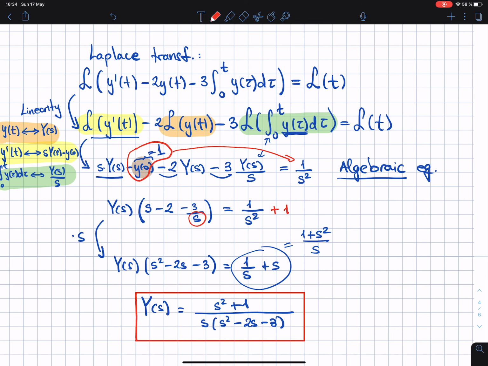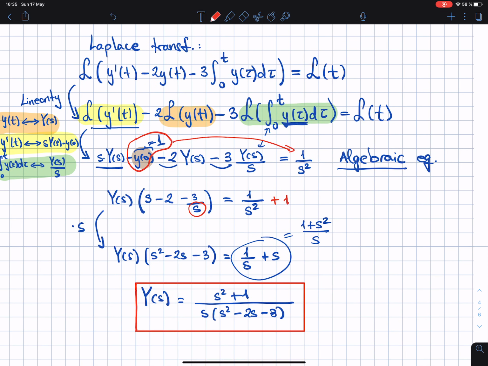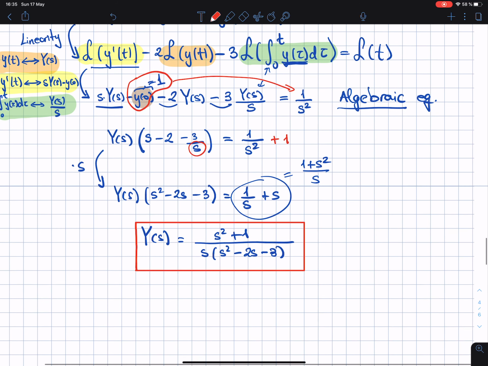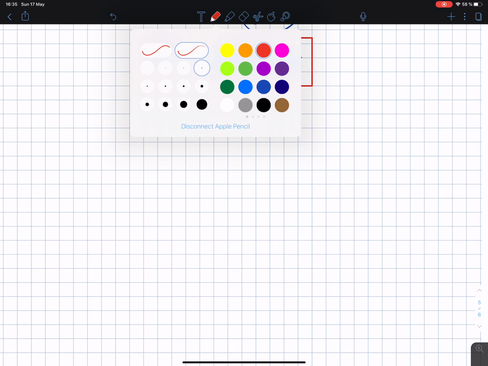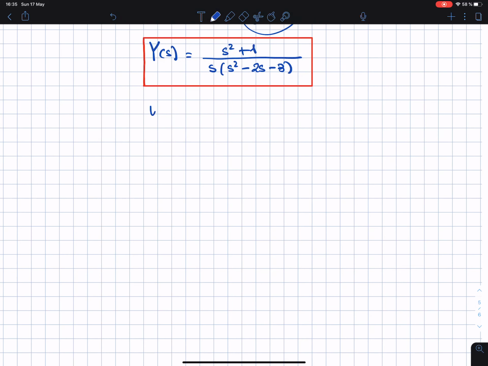So now we need to go backwards to time. And in order to go back to time domain, we need to apply the inverse Laplace transform. Let me write this down. Now we want to compute y(t), which is the solution of our integral differential equation.